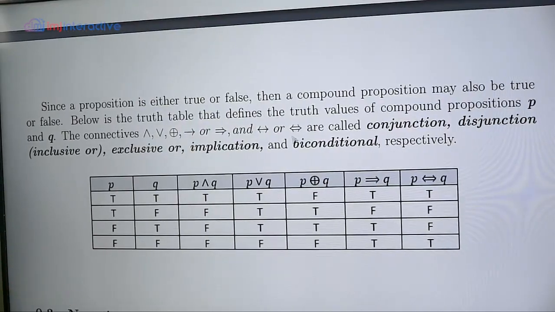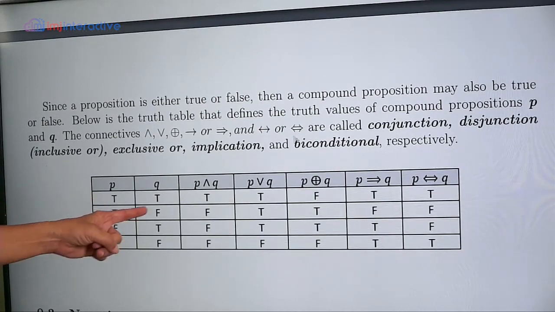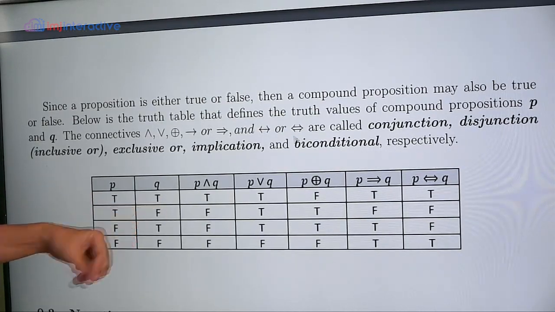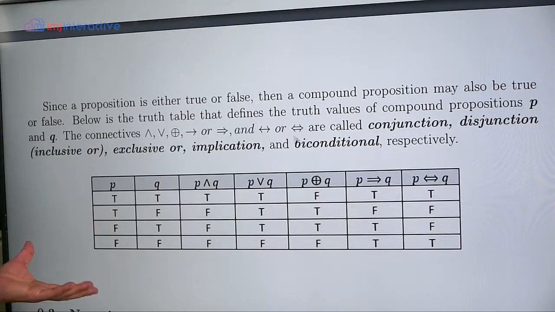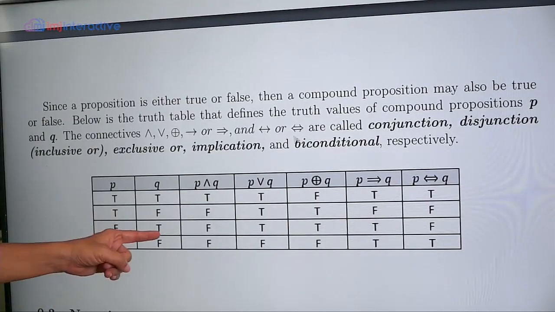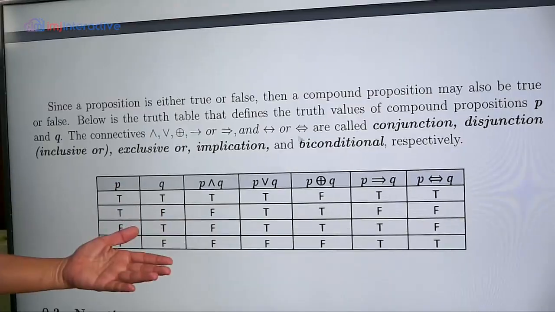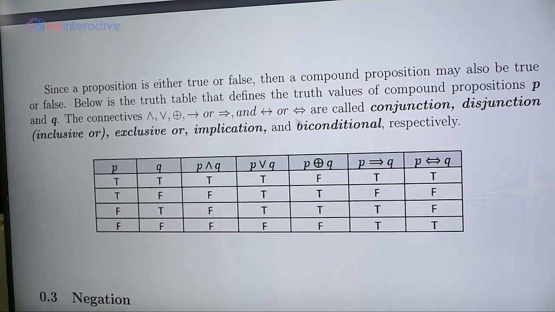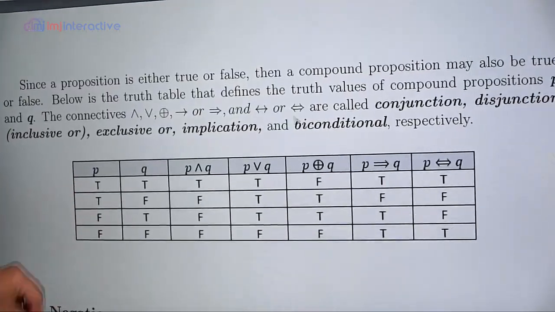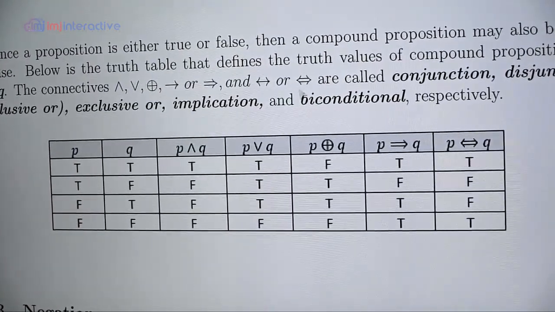And what are these combinations? P is true, Q is true. Or P is true, Q is false. Or P is false, Q is true. And last, P and Q are both false. So that is the possible combination for two propositions.